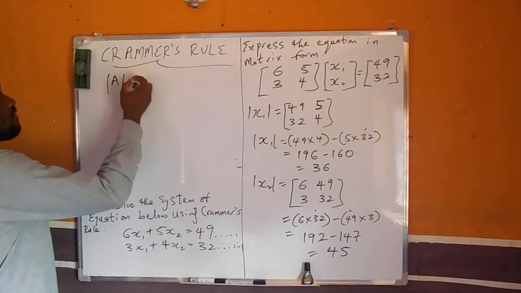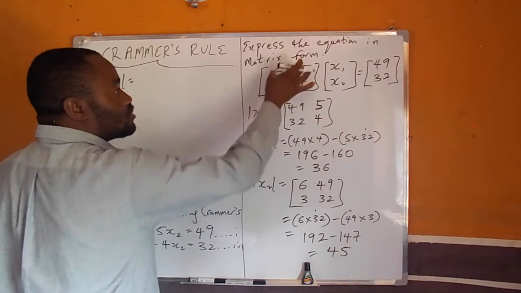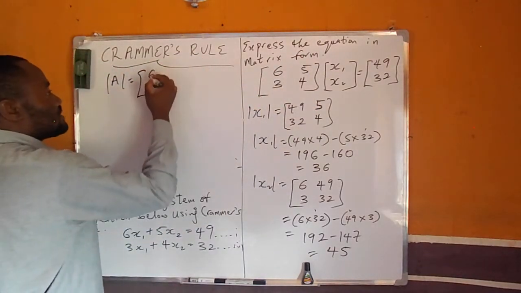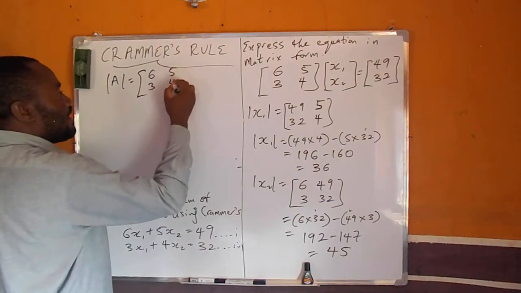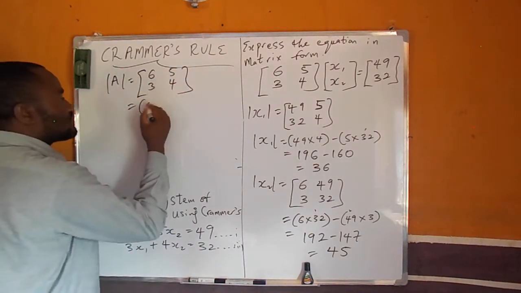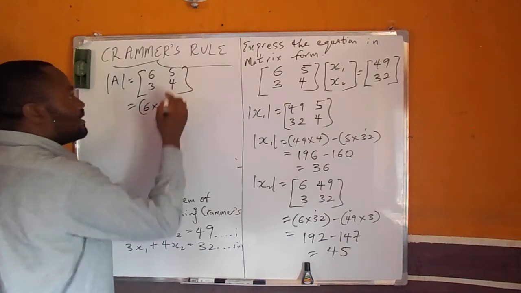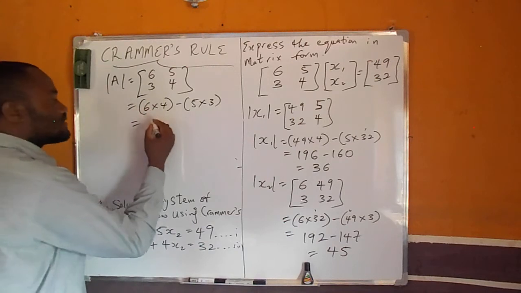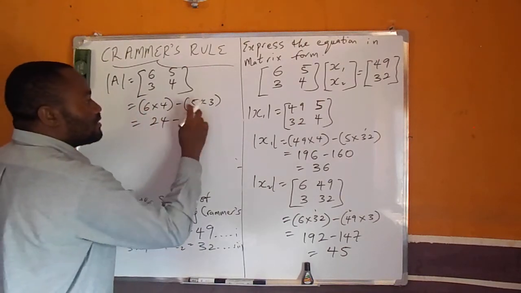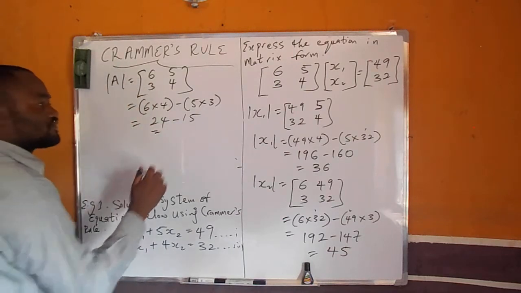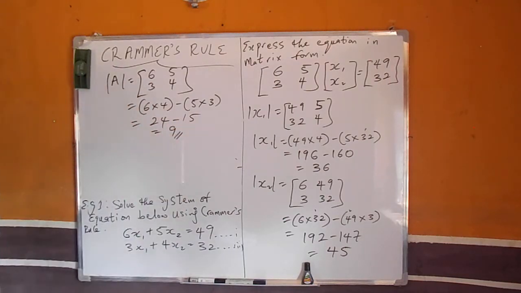The determinant of A, we solve for only this, excluding the equals column, which is 6, 3, 5 and 4. That equals 6 times 4 minus 5 times 3, which is 24 minus 15, giving us 9. That is our determinant of A.